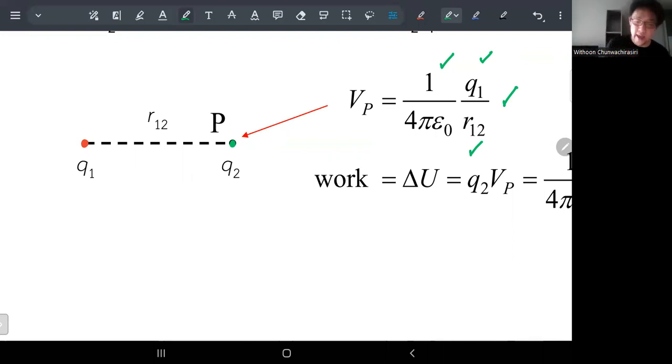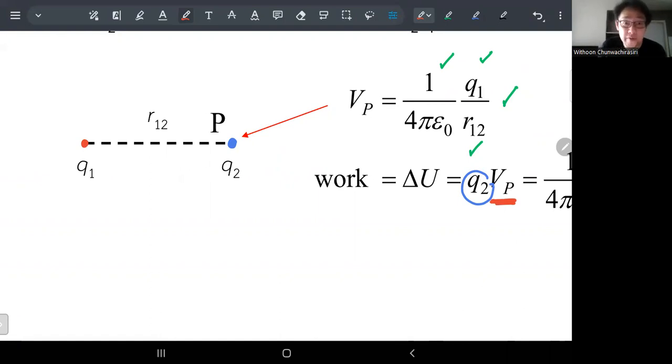But then I say, hey, I want to bring in the charge Q2 and place it at point P. How much work or how much energy do I need to supply to this Q2? Easy. I take Q2 and I just multiply by the V at that point and I'm done. Does that make sense to you? Yeah. Well, it has to be done because by definition, the potential is energy per unit charge.